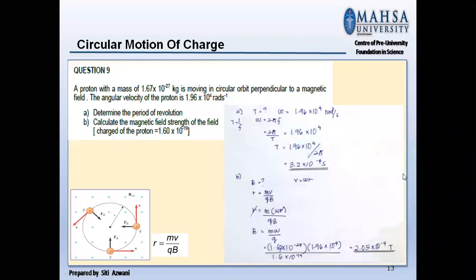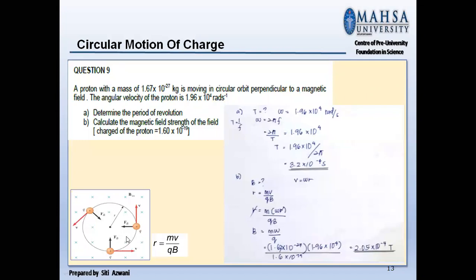Next question, you have a circular motion of charged particle. Let's do question 9. Also you can refer to this figure. What happened to your charged particle when you place it in the uniform magnetic field B? Your charged particle will move in a circular motion.